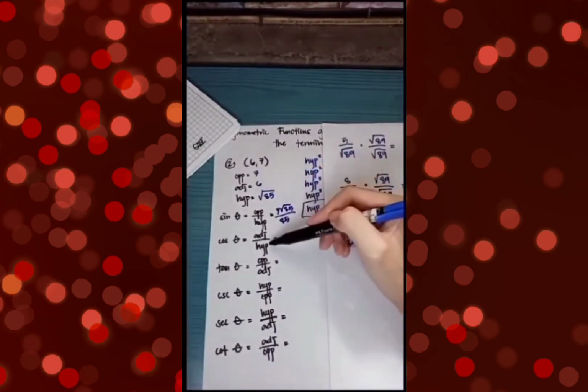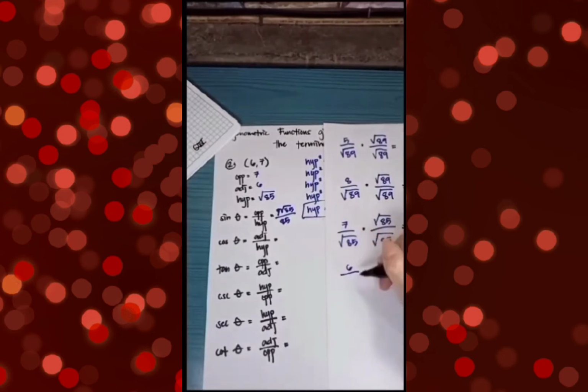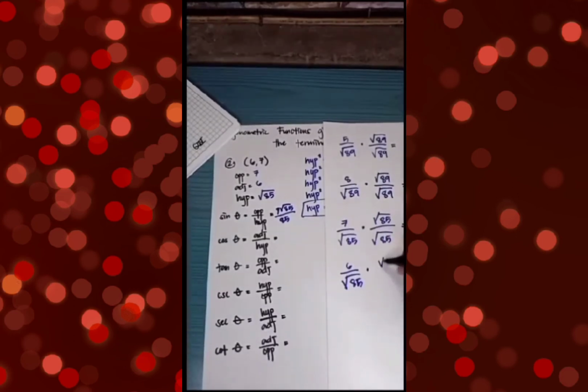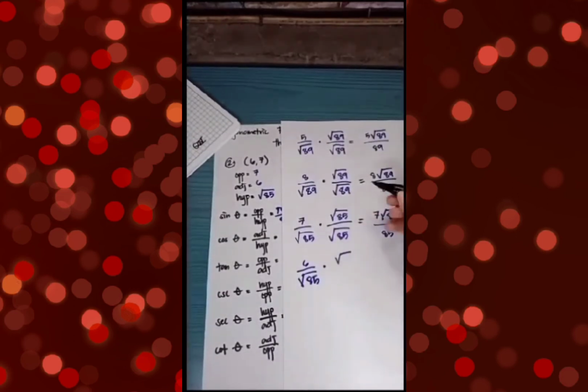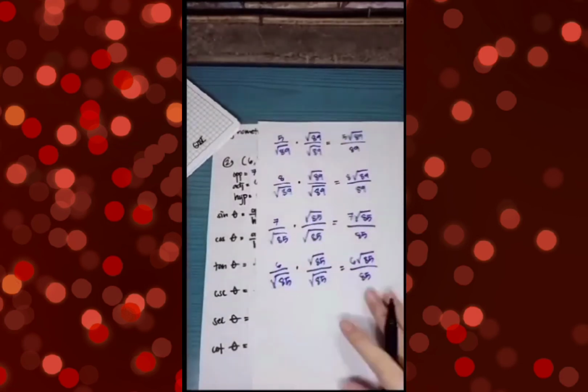Cosine theta is adjacent over hypotenuse, that would be 6 over square root of 85 times square root of 85 over square root of 85, and that would equal 6 square root of 85 over 85.